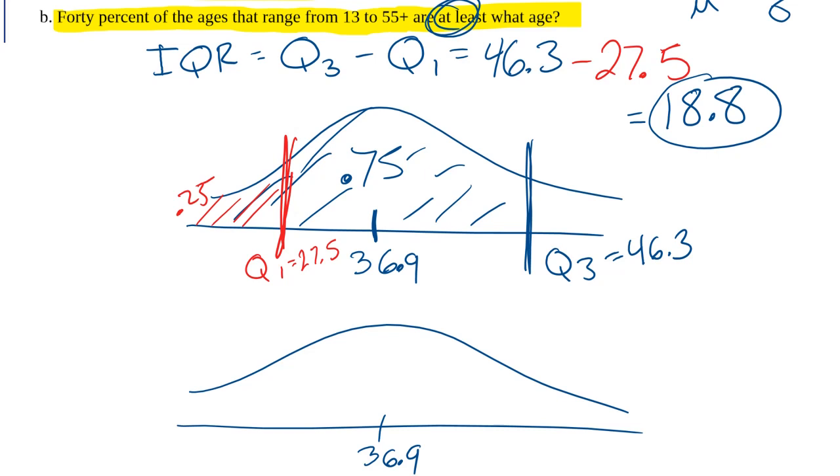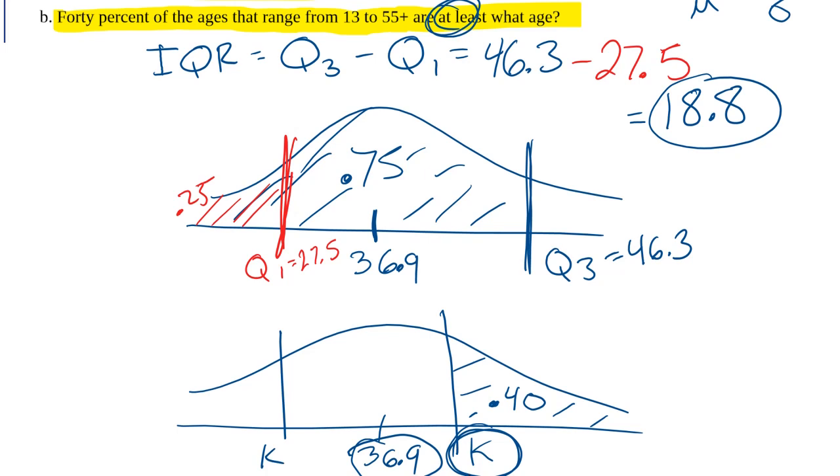So if I have a line here and some number here, I don't know what it is, I'm just going to call it K. It's some age. 40% is at least this age, so 40% is whatever K is or more. So I have 0.4 to the right of whatever K is. Notice that I drew K to the right of the mean, and I didn't draw K down here. That was a conscious choice because I know that this cannot possibly be 40%.